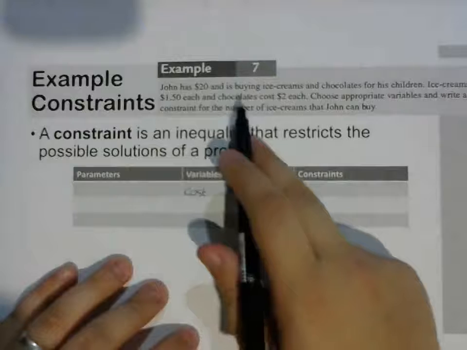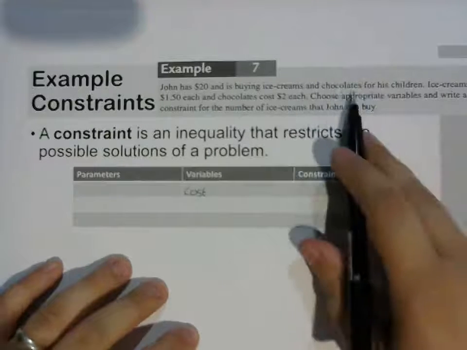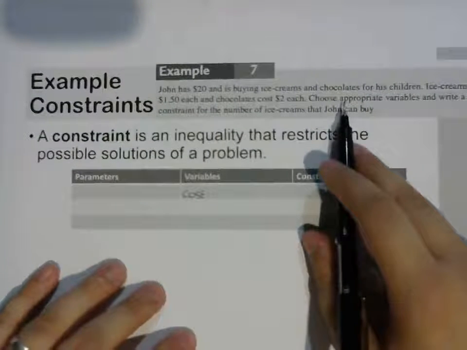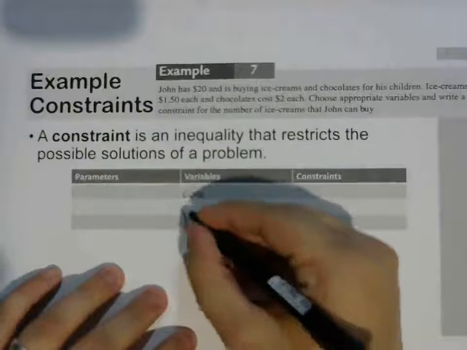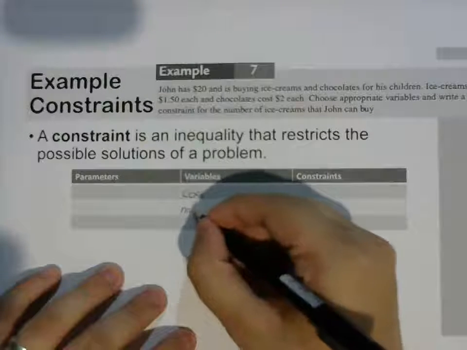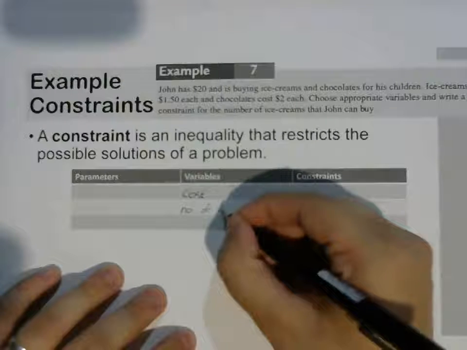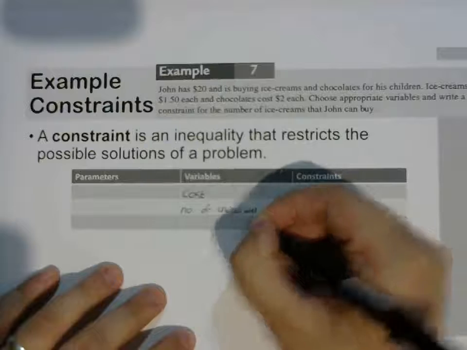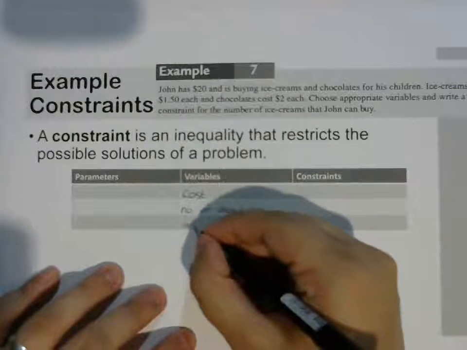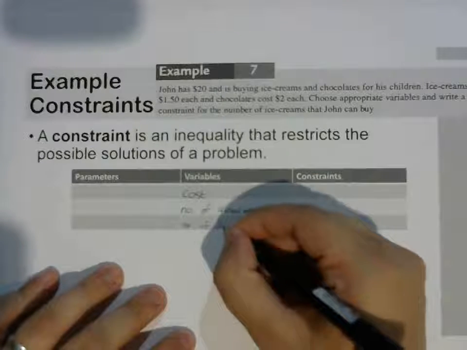Now, John can buy ice creams and chocolates. So I'm going to have two variables there. One is the number of chocolates, and the other is going to be number of ice creams.